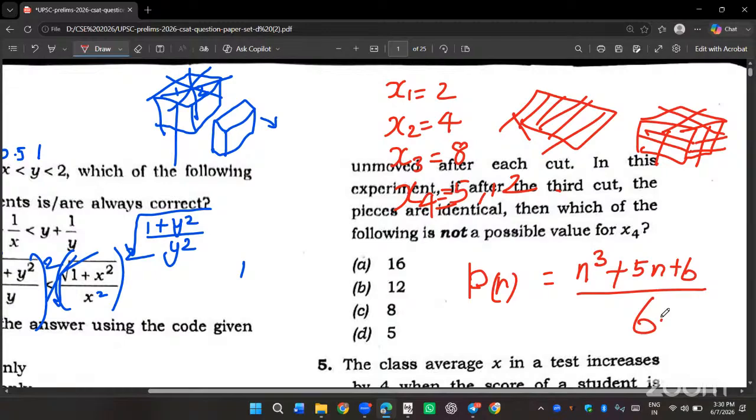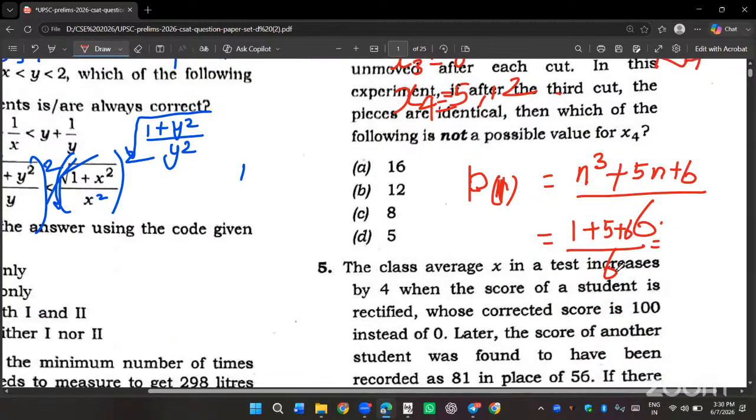This basic mathematics we should understand. Okay. If you substitute the value of n as 1, then 1 cube is 1, plus 5, plus 6, divided by 6. So for n equal to 1, you get 12 by 6, that is 2. So P of 1 is equal to 2.